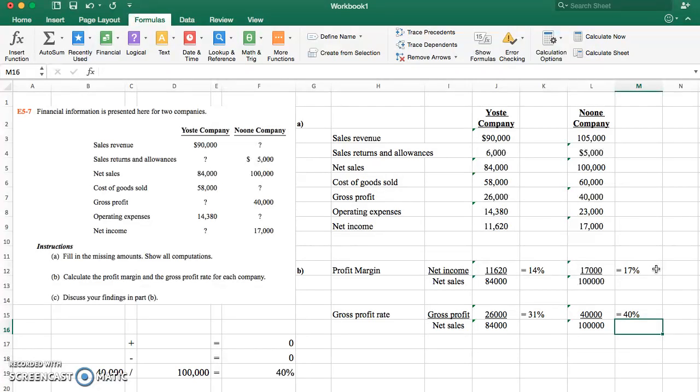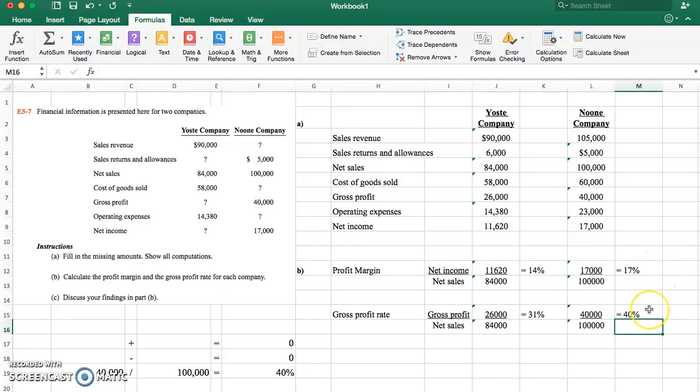The gross profit margin helps companies decide if the price of their goods are in line with changes in the cost of inventory. So as we can see here for Yost Company, for every dollar of sales, 31 cents is their gross profit, which means that 69 cents of every sales dollar goes to the cost of inventory.